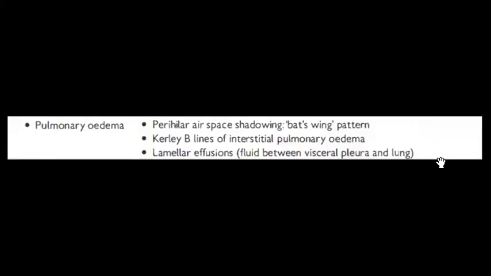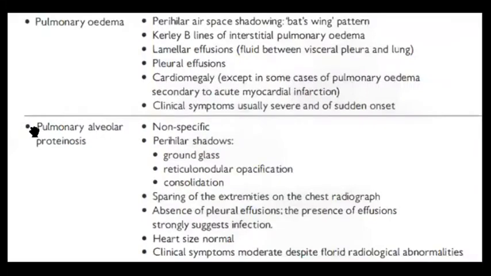The most important will be pulmonary edema and pulmonary alveolar proteinosis. You remember the batwing pattern, curly B appearance, pleural effusion. Here you don't have pleural effusion. You don't have these lamellar effusions. You don't have cardiomegaly.